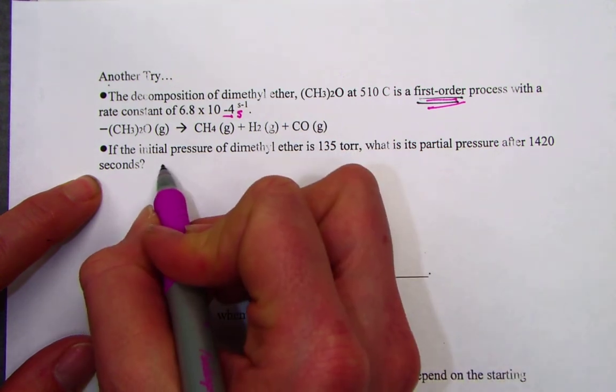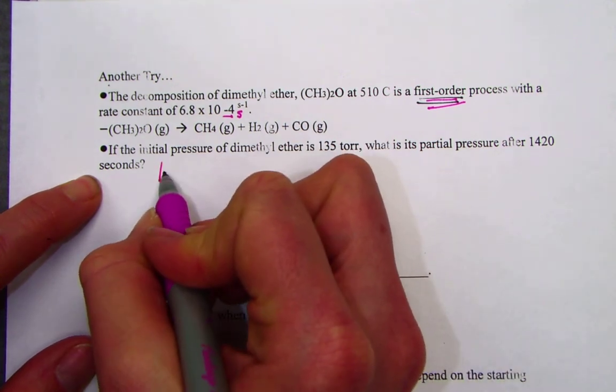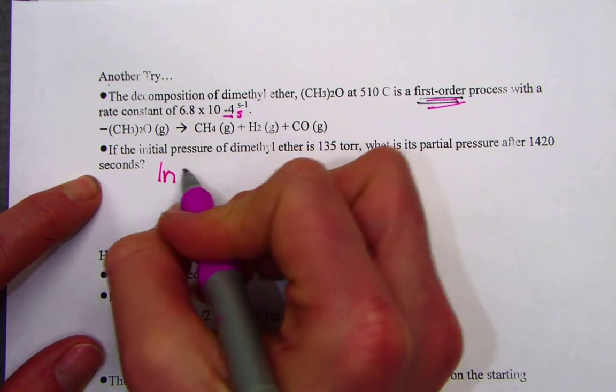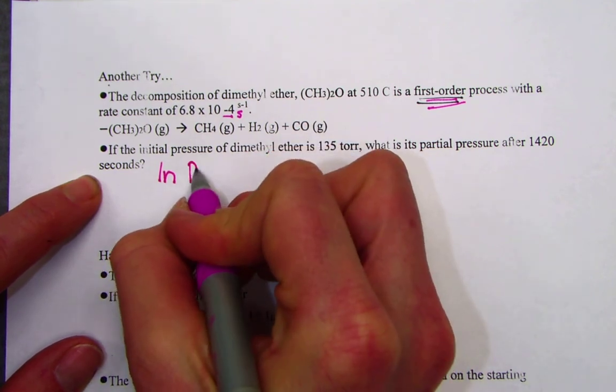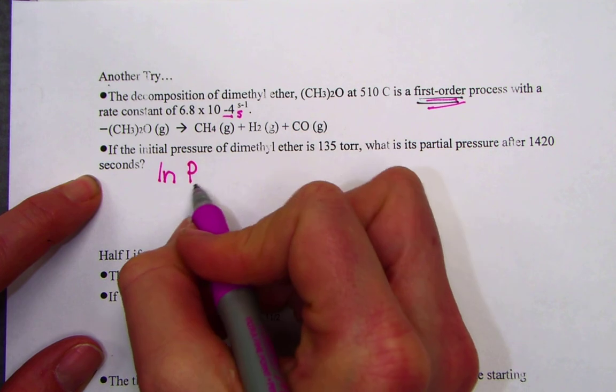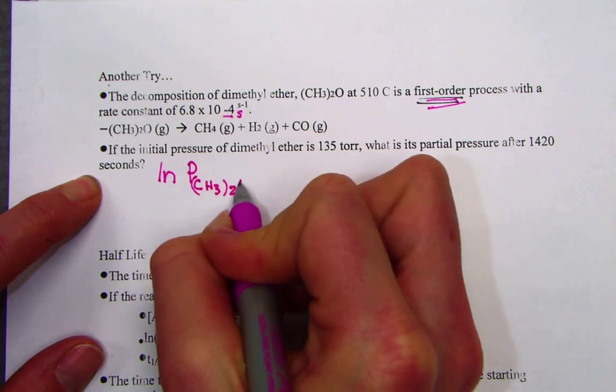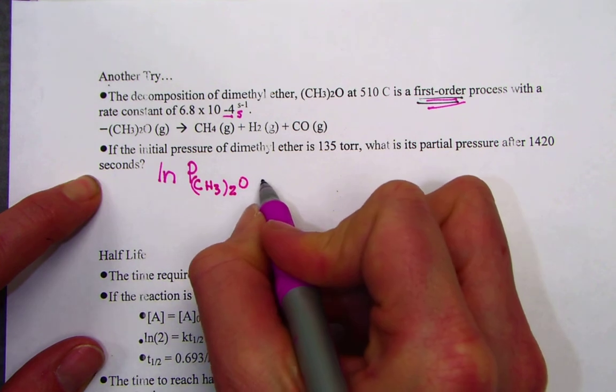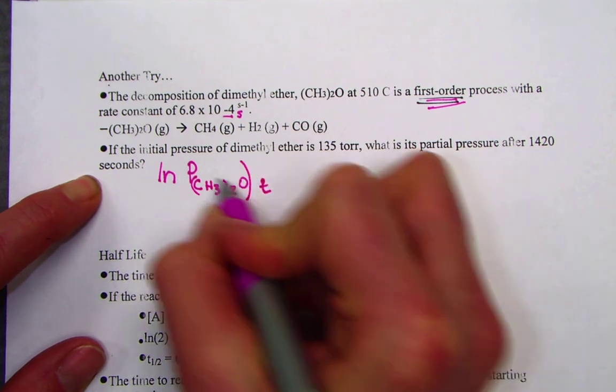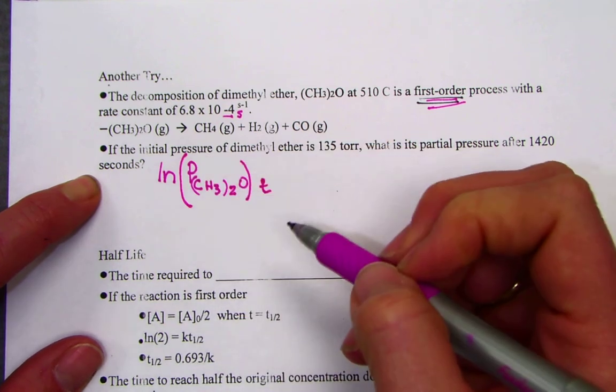So our first order reaction would look like the natural log, and we use the partial pressure of our reactant, CH3 taken twice O, at any point in time. P, of course, is partial pressure.